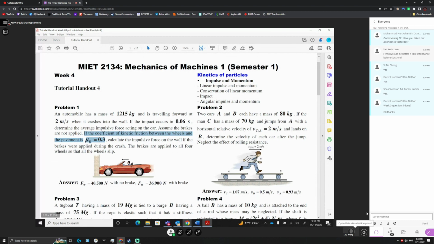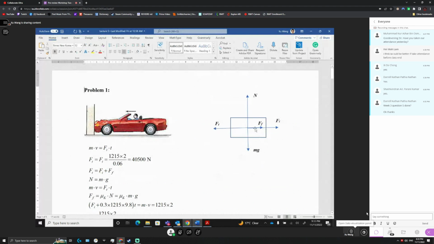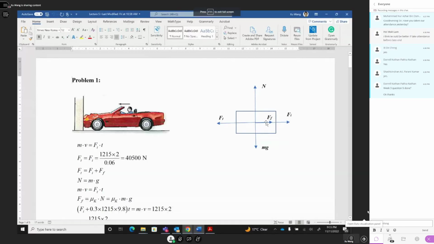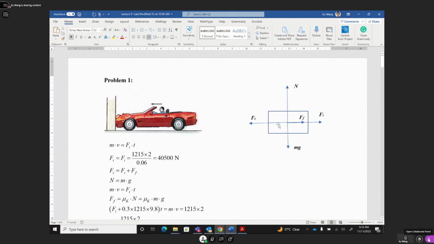Okay, we do some force analysis. If the engine drives this car, the traction force should be balanced by the friction force, and also the wall has a reaction force. This wall reaction force plus the friction force equals the driving traction force. For vertical, you have a normal reaction force N and the gravity force, which is the weight.